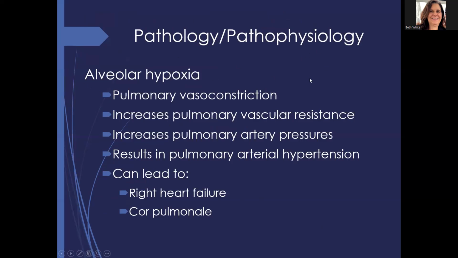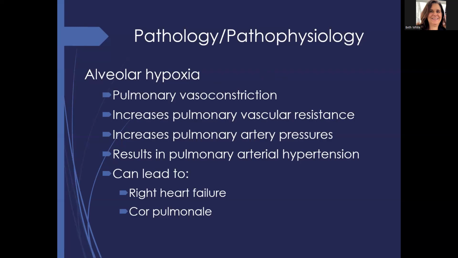And then we have alveolar hypoxia. Remember, hypoxia is a low oxygen level. Hypoxemia is low oxygen in the blood. Hypoxia is a low oxygen level. And when you have alveolar hypoxia, so low oxygen in the alveoli, you can have pulmonary vasoconstriction, increased pulmonary vascular resistance, and increased pulmonary artery pressures.